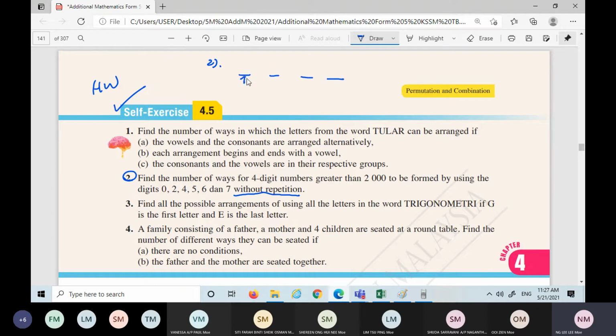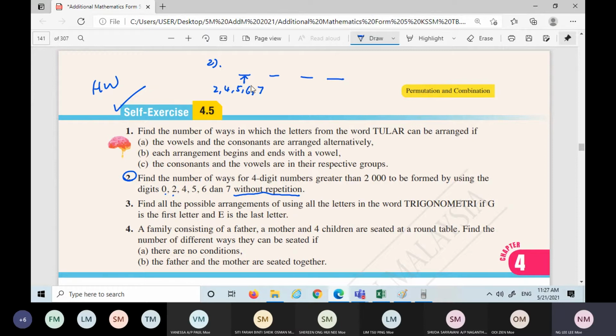So what can you put in the first digit if you want this whole number bigger than 2000? You cannot put 0. You can put 2, and the rest also. So you can put in 2, 4, 5, 6, and 7. Once you put 2 here, it doesn't matter whatever you put at the back, it will become bigger than 2000.